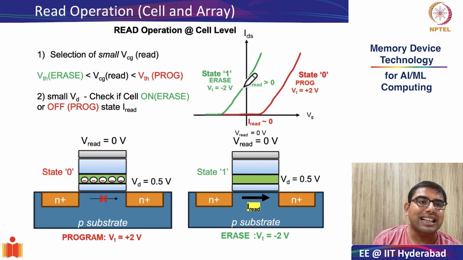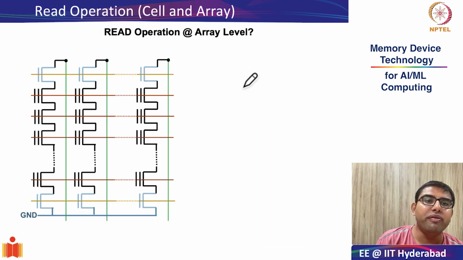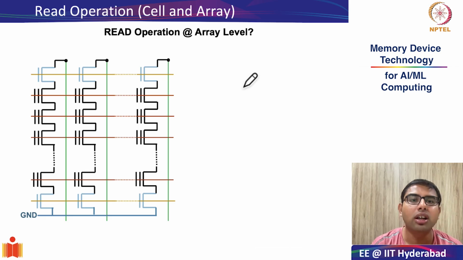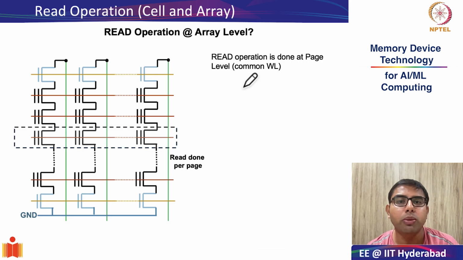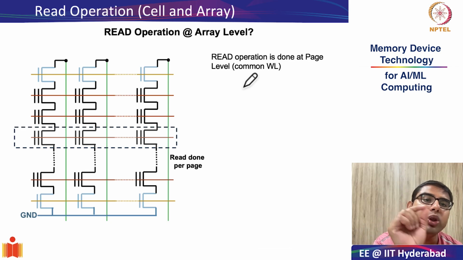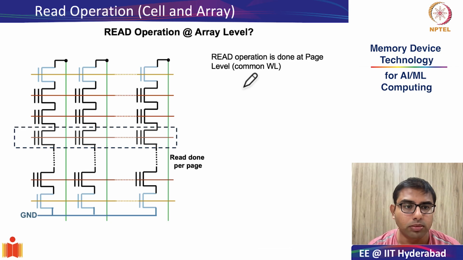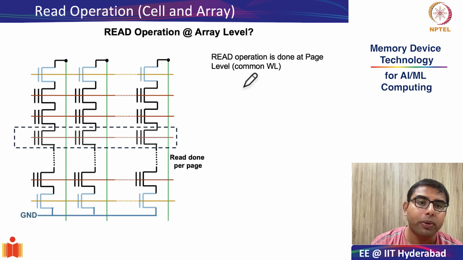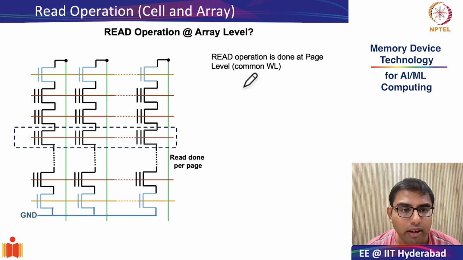However, as you can understand, when we try to translate the same idea at the array level, we have to again do some intelligent biasing at all the terminals. Why is this the case? Because the read operation is done at the page level. That means one common word line is used when you do the read operation. So just like the program operation, read operation is also done at the page level.